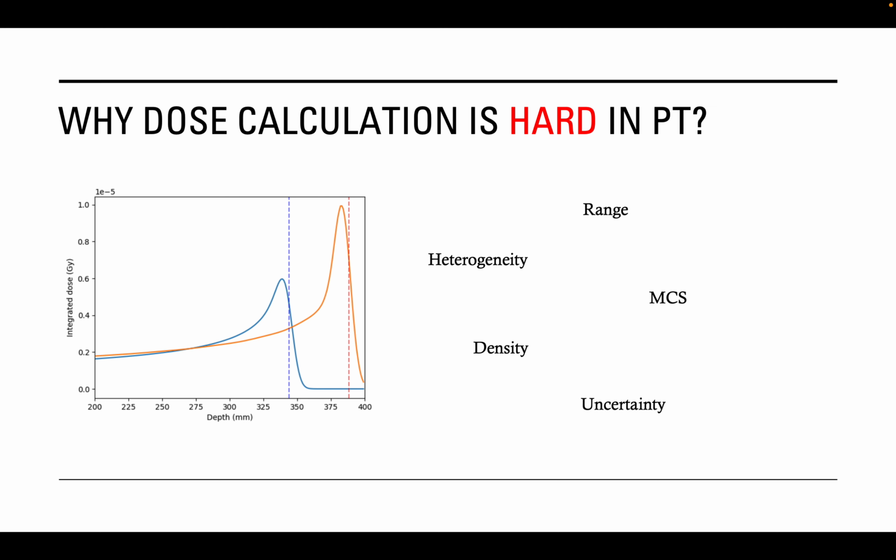CT noise, calibration, and physics models, everything adds up, and the change is not linear. If there is an error of 1 to 2%, let's say the patient moved by 1 to 2%, there could be a big difference in where the dose will end up. It's very delicate.